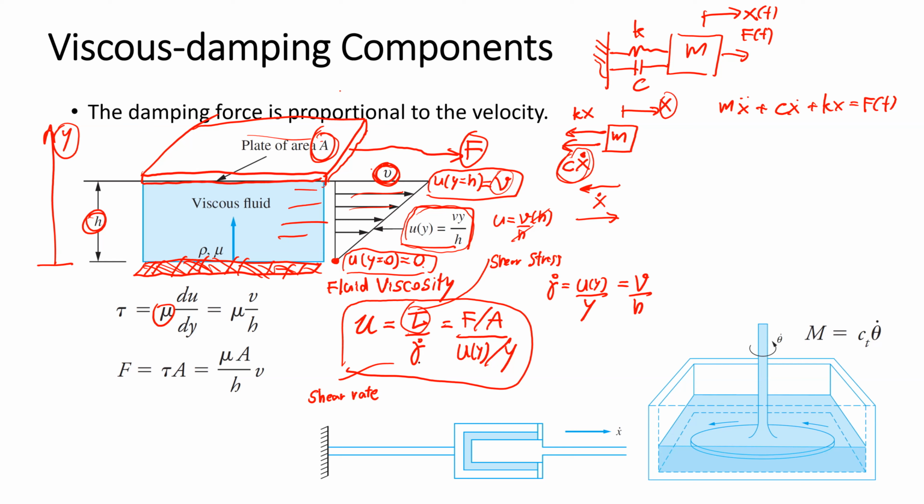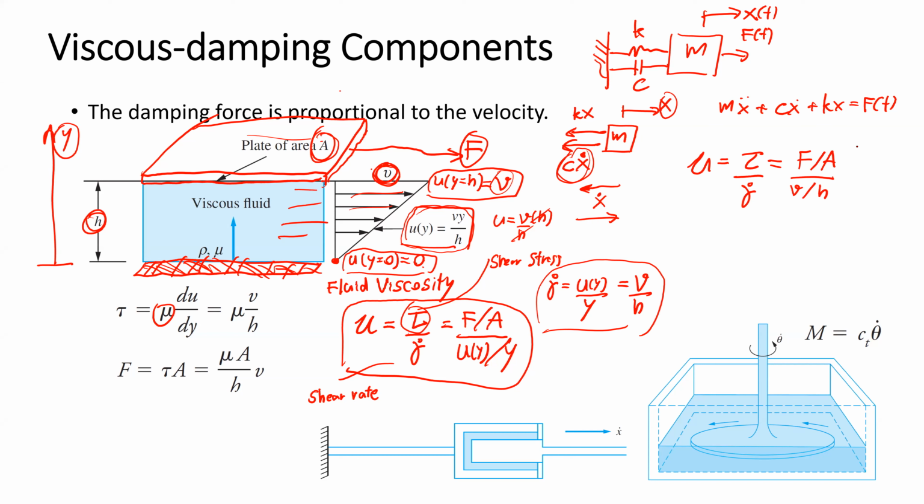The viscosity equals the shear stress divided by the shear rate. The shear stress is force divided by A, and the shear rate is equal to velocity divided by the height of the film.